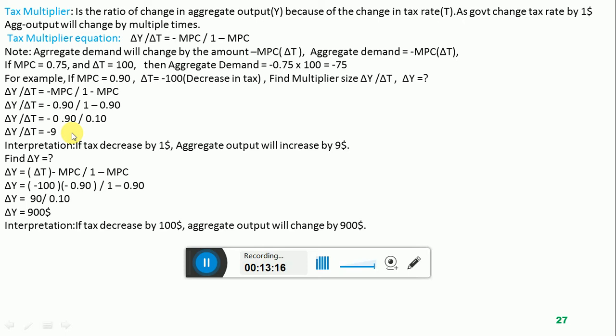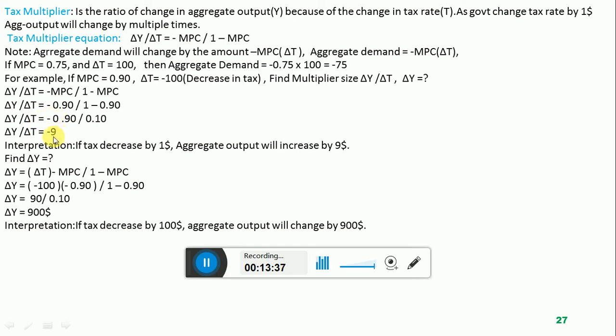The interpretation is this: if the government of Afghanistan increases the tax rate by $1, the aggregate output of Afghanistan will decrease by $9. This is the meaning of delta y over delta t equal to minus 9.